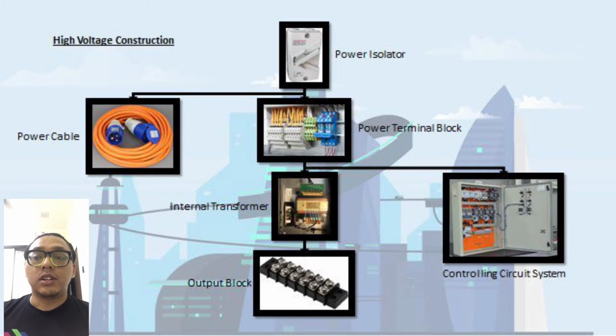Next is the function of the controlling system, which is the brain of the high voltage and contains electronic components. The internal transformer will convert the three-phase supply to an acceptable voltage for the system. And lastly, the output of the internal transformer within the frequency converter is connected to the output block.